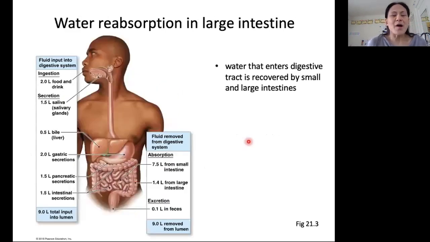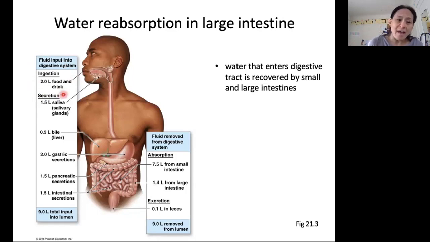Okay, so I want to talk about water reabsorption in the large intestine, or water reabsorption along the digestive tract in general. I just want to remind you that a large part of our water reabsorption happens in the large intestine. What we can see in this figure is the input and the output of fluid in the digestive tract. A bunch of water enters our digestive tract through food and drink.